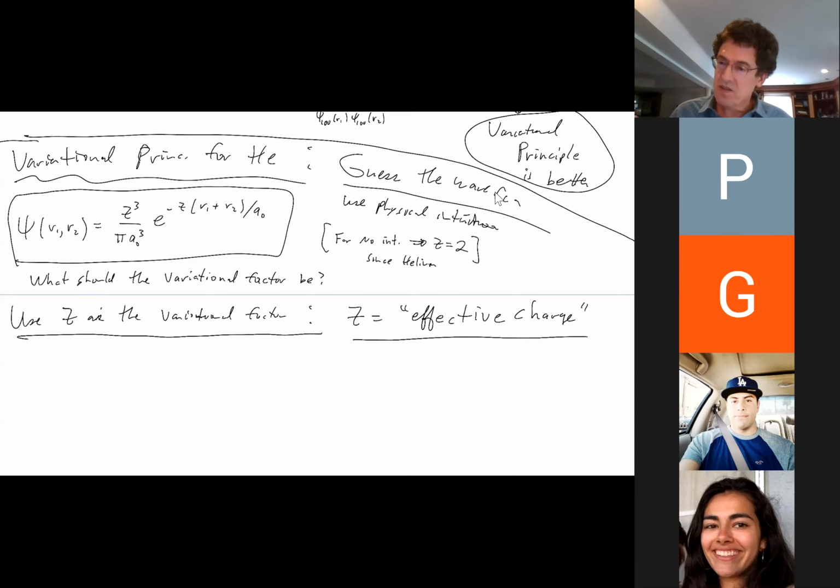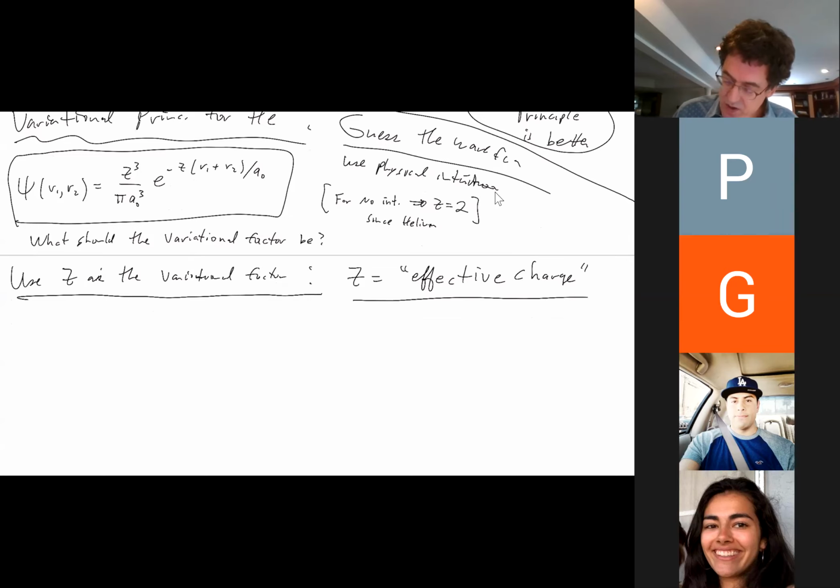And this is physical and intuitive, and the reason it makes sense is that to solve a physics problem with the variational principle, you require some intuition. So just picture it in your mind. This is helium. I have some electron here, and then I have another electron here. Now, this is Z of the nucleus.